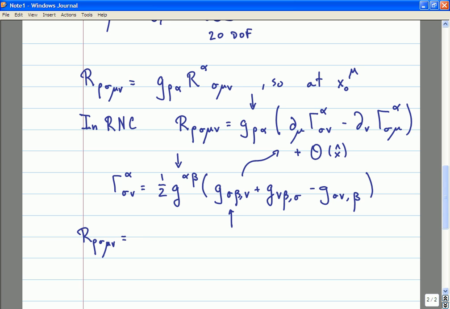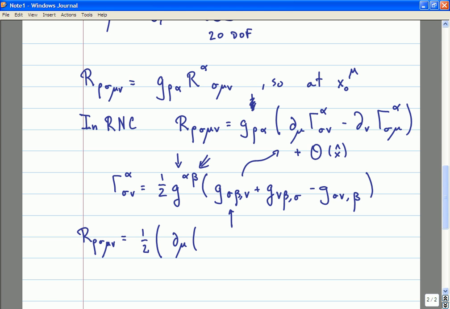I have 1/2 times the derivative with respect to mu of, well, let's work this all out. I have an eta rho alpha times an eta alpha beta with two upper indices, which turns into a delta beta rho.